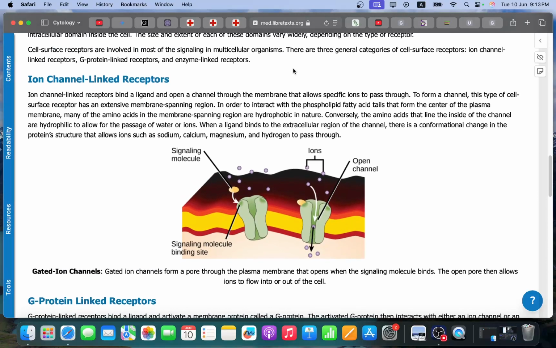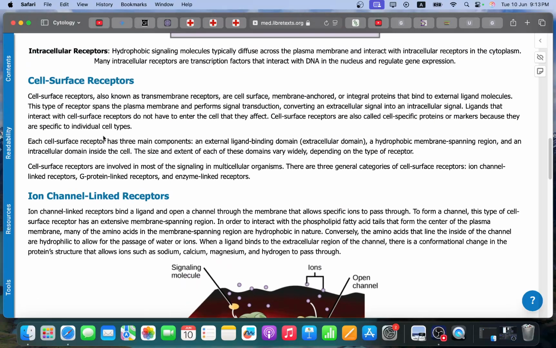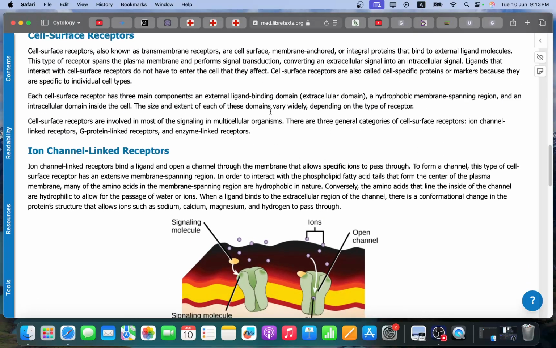So let's try to see ion channel opening. So they look like they need enzymes, like they need ATP to open up, right? Oh no, this is like different things. Surface cell receptors are like things that stick out. For instance, if this is like the outer layer and this is the inner layer, these things would be like here.